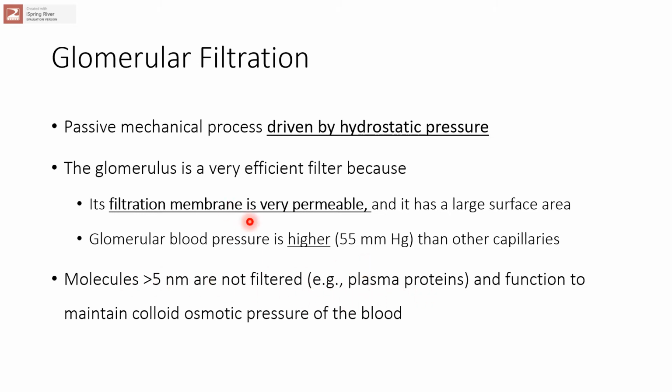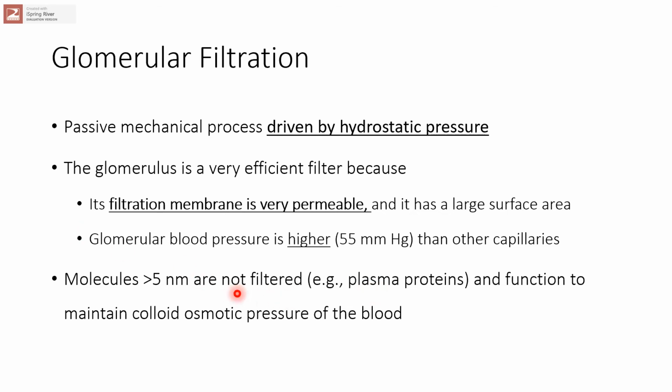Now the filtration is due to the fenestrations in the glomerulus, and the molecules that are larger than 5 nanometers are not filtered. So large proteins, blood cells, these cannot pass through the fenestrations.